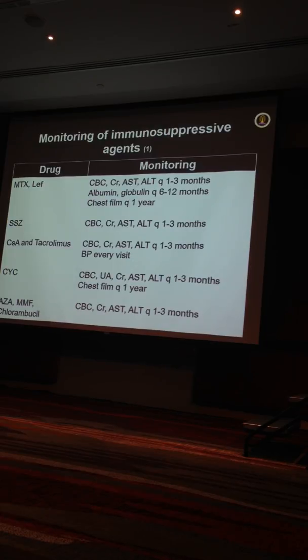So you have to monitor the CBC, the liver function test, and liver synthetic function such as albumin, and a chest X-ray, because they may cause interstitial lung fibrosis. For cyclophosphamide, it can cause hemorrhagic cystitis, so you have to monitor the urine analysis also. And azathioprine, mycophenolate, and chlorambucil have the same monitoring regimen.